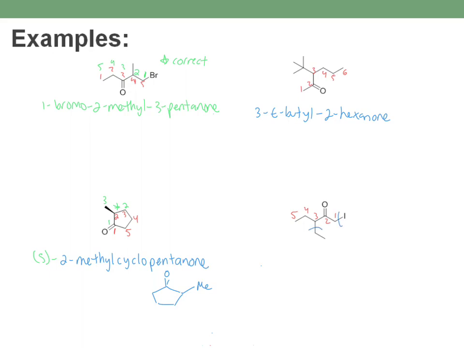So this would be a 3-ethyl, 1-iodo, pentan-2-one, right? Because the ketone shows up at carbon 2. So I have an ethyl at the 3, iodo at the 1. There's 5 carbons, so it's pentan-2-one, right? Pentanone. And so that's how you would name some of these.